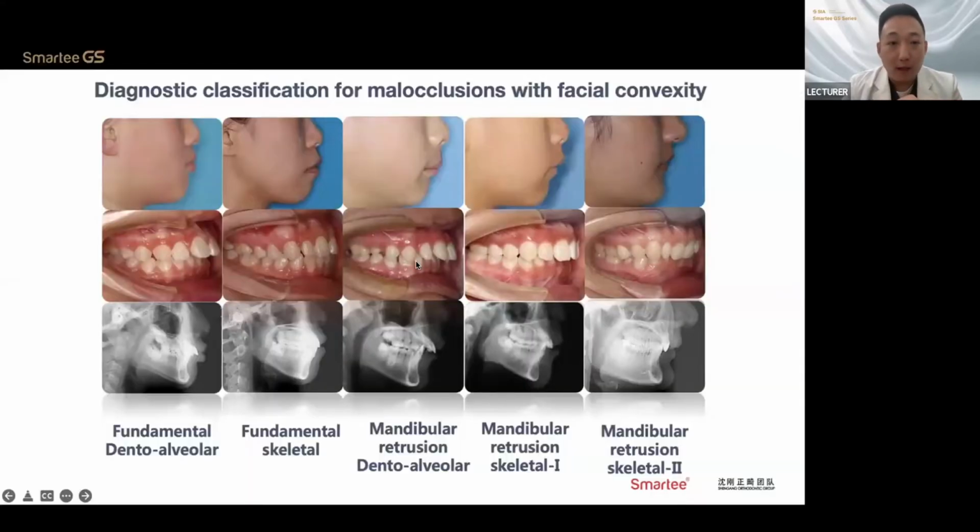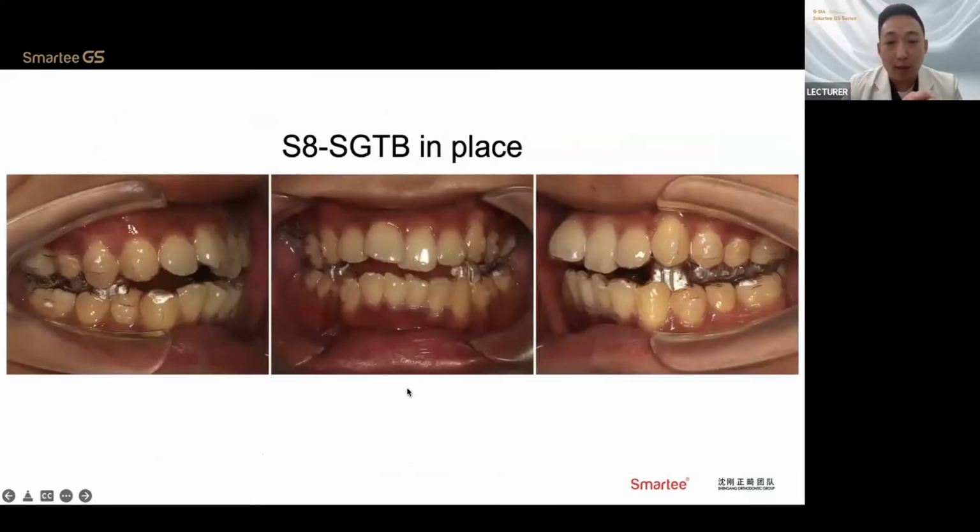Okay, let's go back to the classification. This kind of case we call mandible retrusion with dental envelope, which means the maxilla is not overgrown, it's normal growth, and has the incisor proclination and the mandible retrusion problem at the same time. And then we put the S8 SGTB in place for the first time.